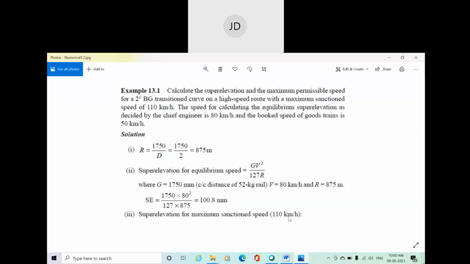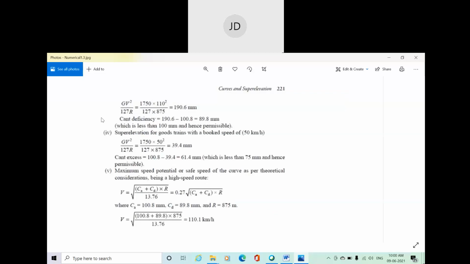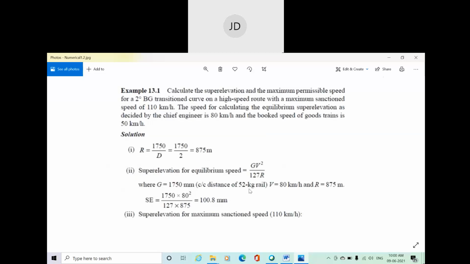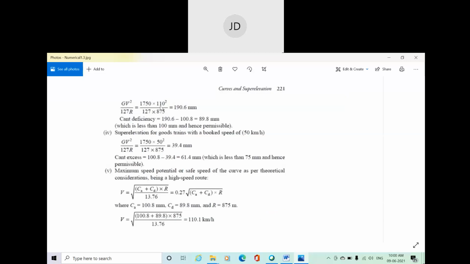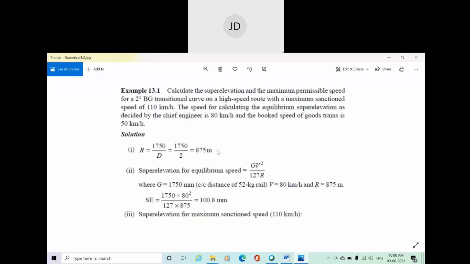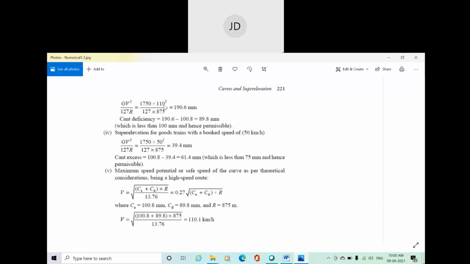Considering this speed, let's find out the super elevation. Same equation, G v square by 127 R. In this formula, G will be the same track gauge, but the speed we are considering is 110. And the radius will be the same, only the speed is different. Now how much will you get?